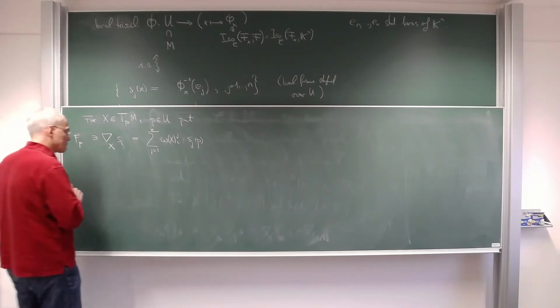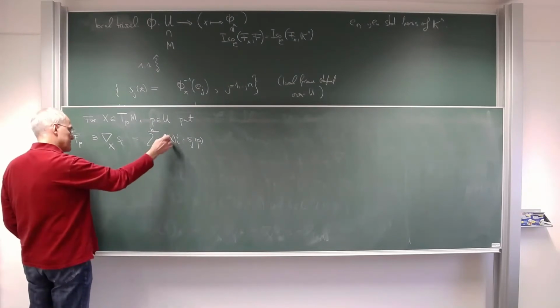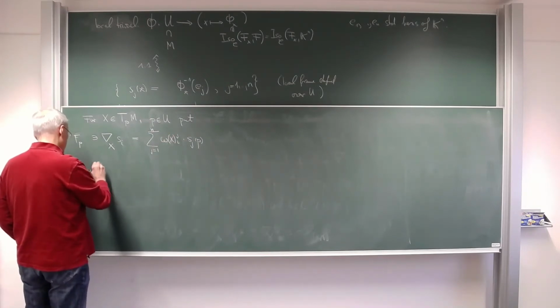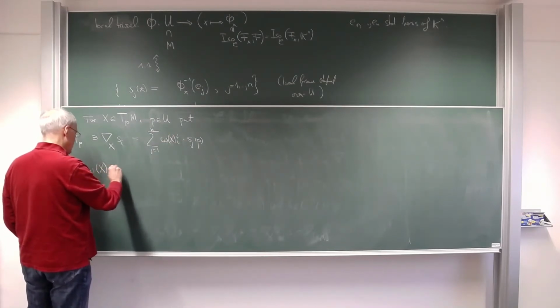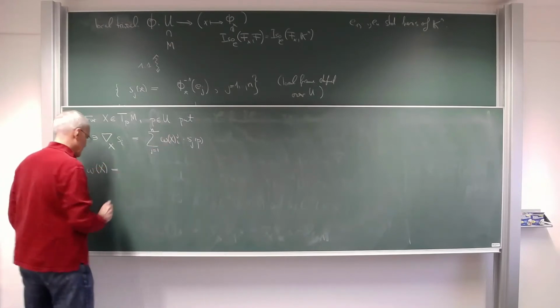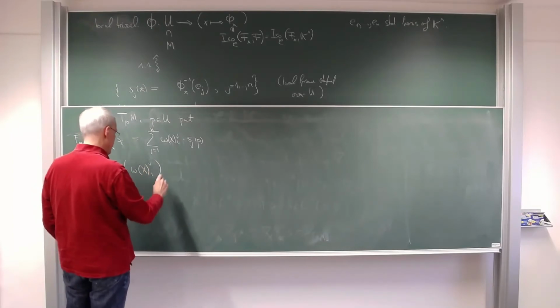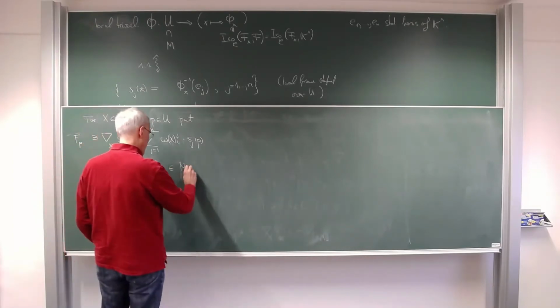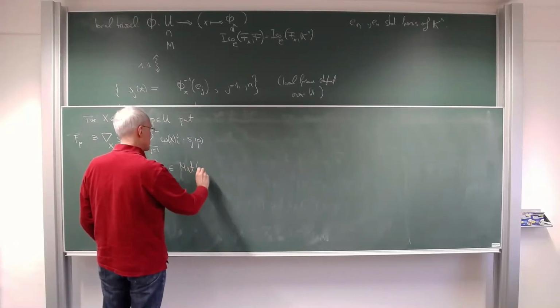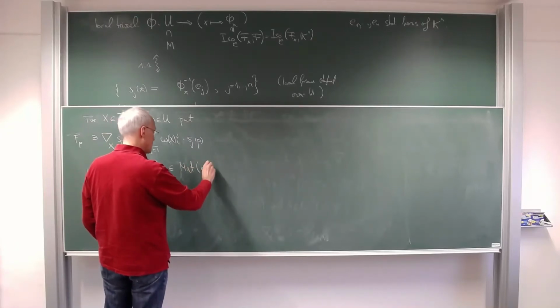Now, since I have these two indices, I'd like to consider them as matrix entries. So this is now an n by n matrix with real or complex entries.